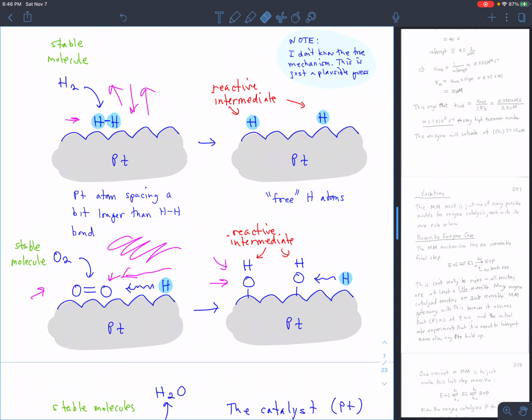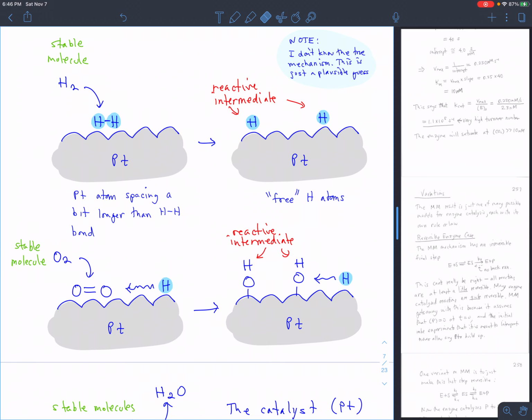So this binding to the surface that we're seeing here between the hydrogen and the platinum, that's binding, in this case, to a reactive intermediate, to something that can be thought of as at least part or effectively acting as a transition state.